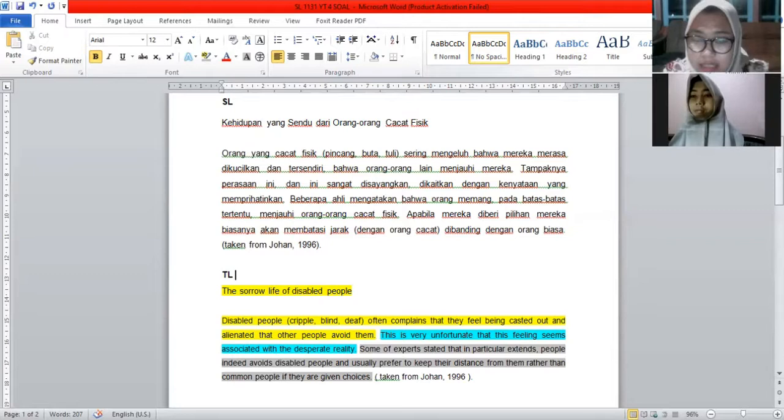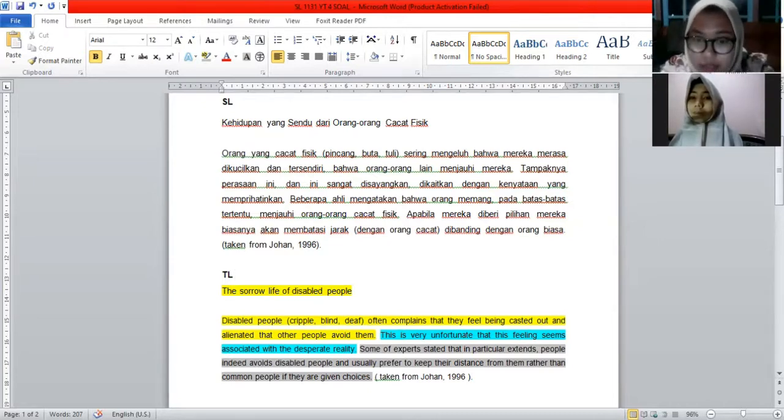Next is the second sentence. We use transposition translation. It's actually optional transposition, where the procedure is switching the grammatical category from one to another without changing the meaning of the text. For example, in the source language, "tampaknya perasaan ini dan ini sangat disayangkan."